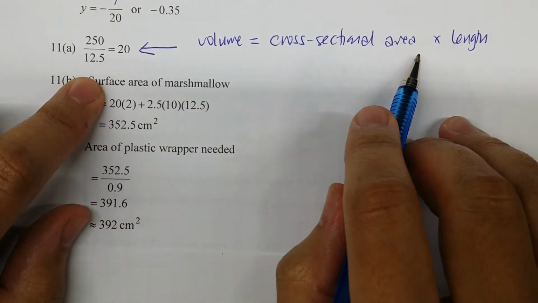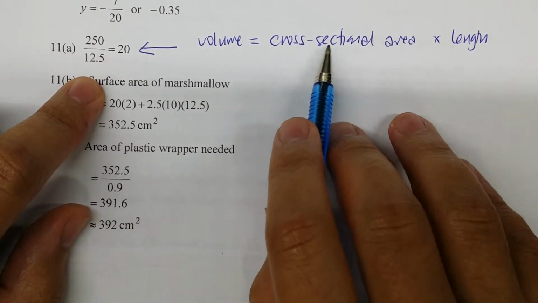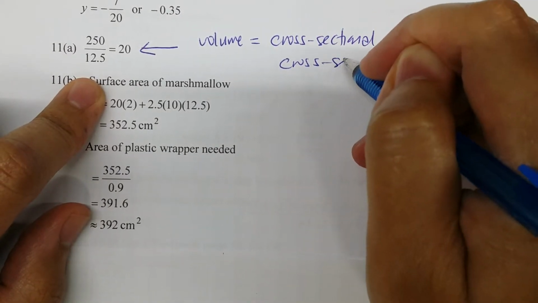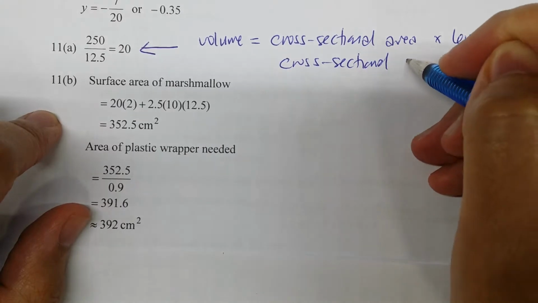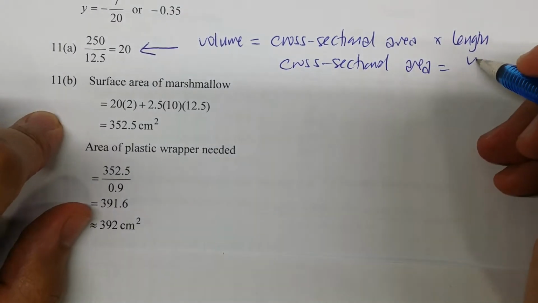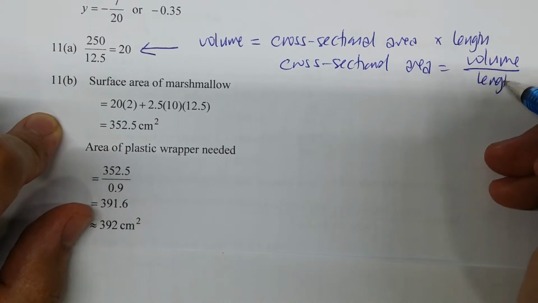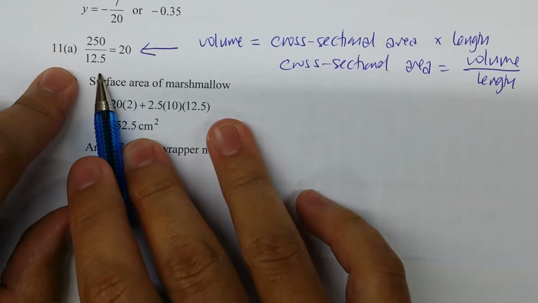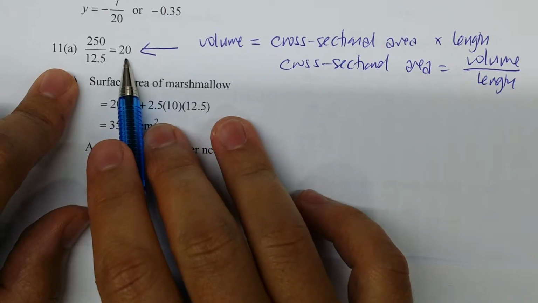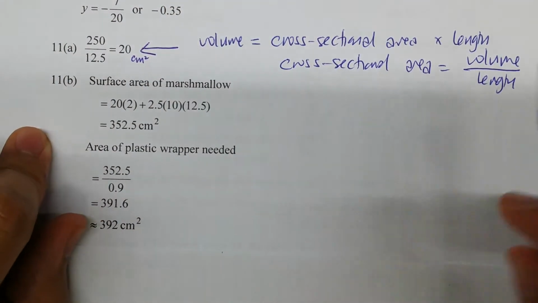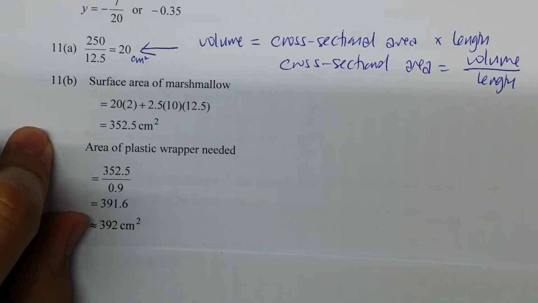The question asks for the cross-sectional area, so cross-sectional area equals volume divided by length. 250 is the volume, 12.5 is the length. You get 20 cm square.